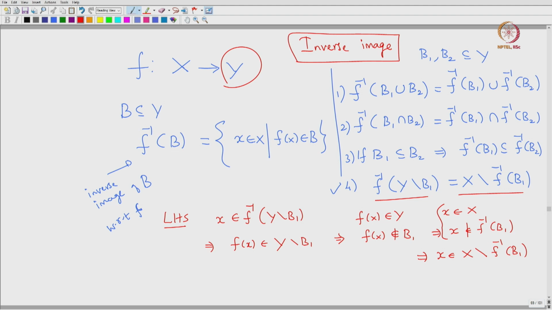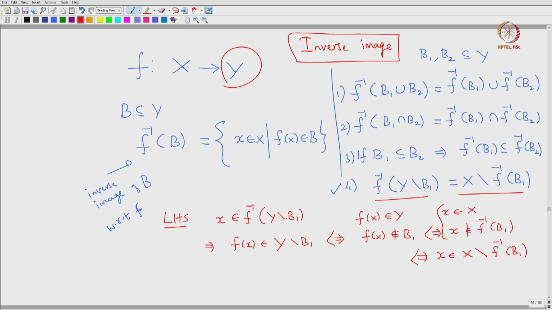And if you think about it, all these implications can be reversed. For example, if x comes from X difference f inverse of B1, that means x is in X, but x is not in f inverse of B1. So that means f of x is going to be in Y, but f of x is not going to be in B1.